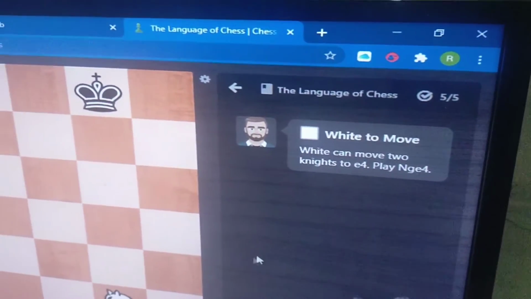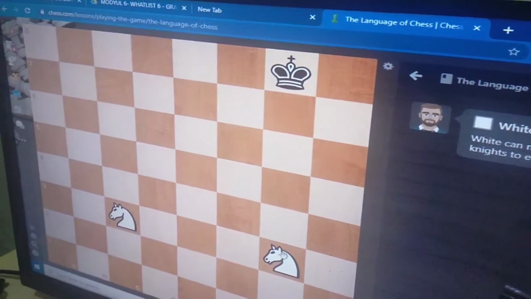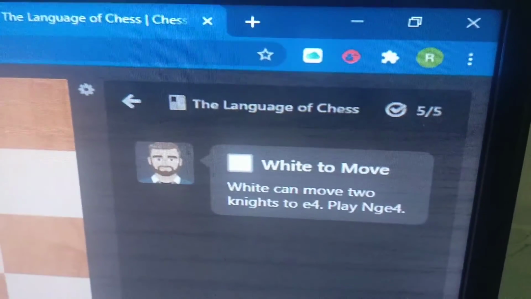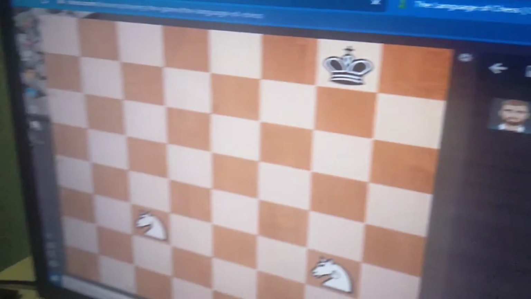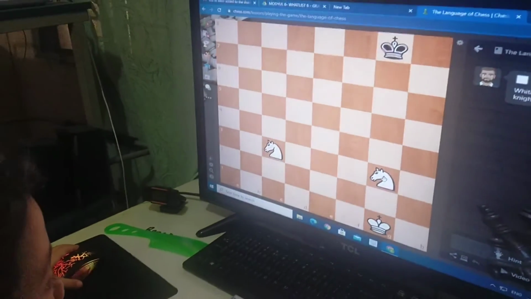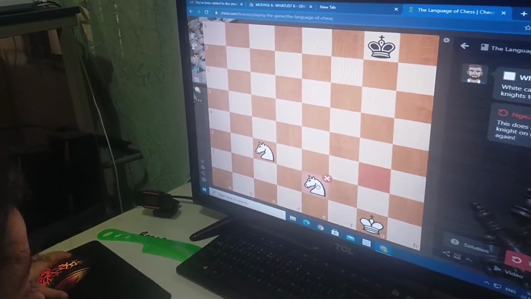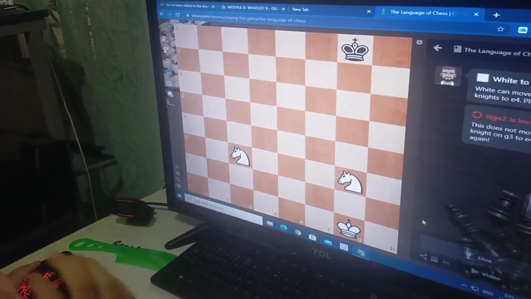Oh. Yung dalawang kabayo daw pwedeng pumunta sa E4. Ito ang tanong niya. Play knight G, E4. Yung knight daw na nasa G, pupunta sa E4. E4 baby. Op, mali. Try again.